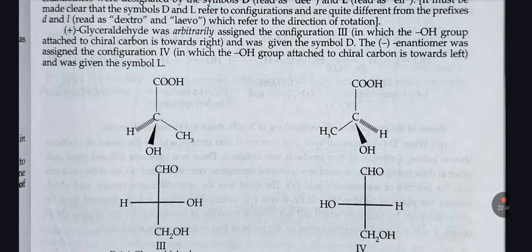Positive glyceraldehyde was arbitrarily assigned configuration 3, in which the OH group attached to the chiral carbon is towards the right, and was given the symbol D. The minus enantiomer was assigned configuration 4, in which the OH group attached to the chiral carbon is towards the left, and was given the symbol L.